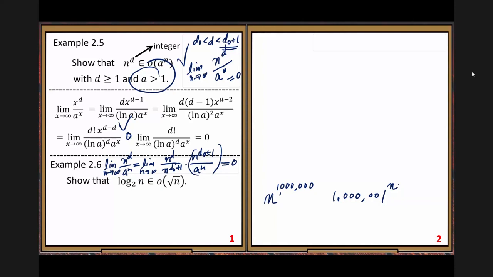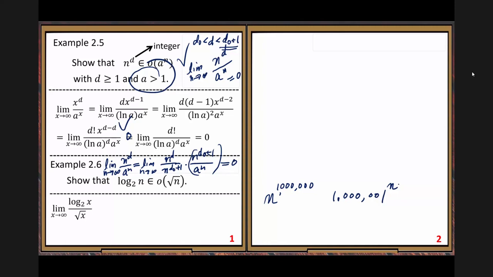2.6. Log base 2 of n belongs to little o of root of n. Now, this one, remember our previous log n, but similar to that example. But here, root of n, if we convert it to a power function, power 1/2, 0.5, not an integer.